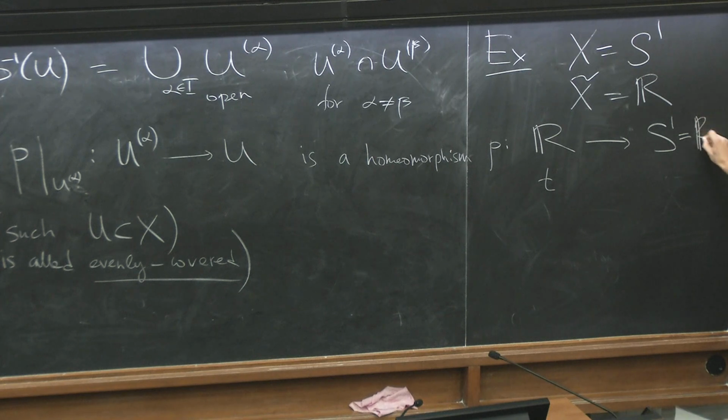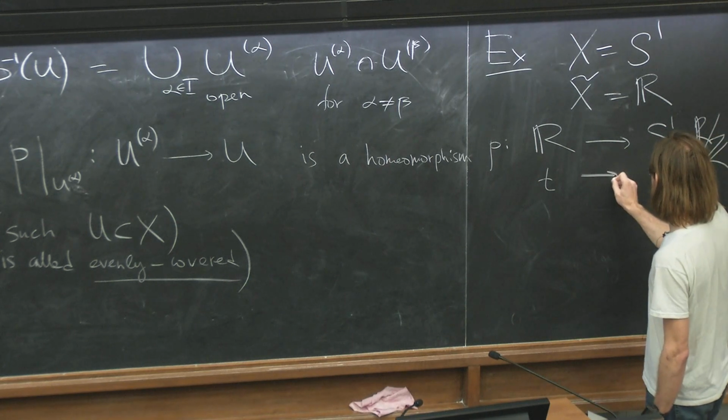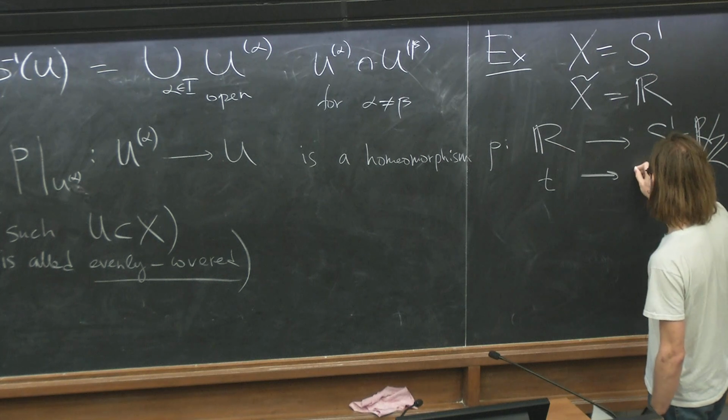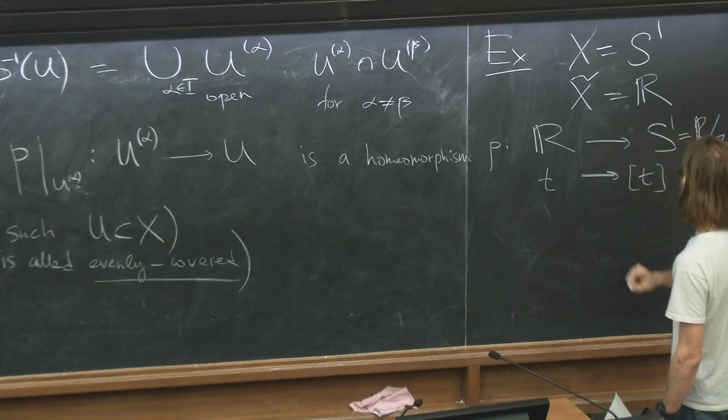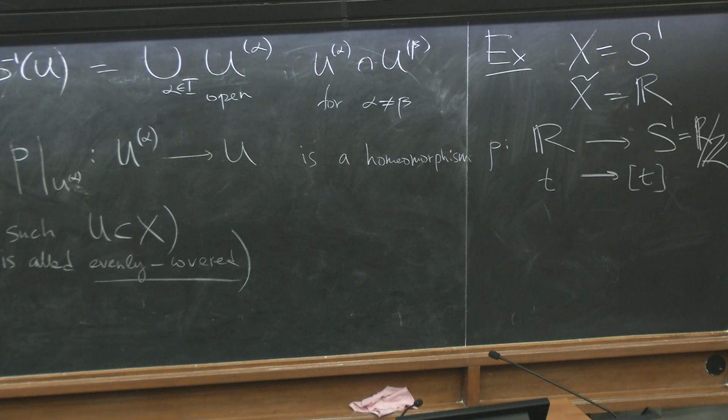We define the circle as a quotient R mod Z. So this t, a real number, is sent to its class in the circle.